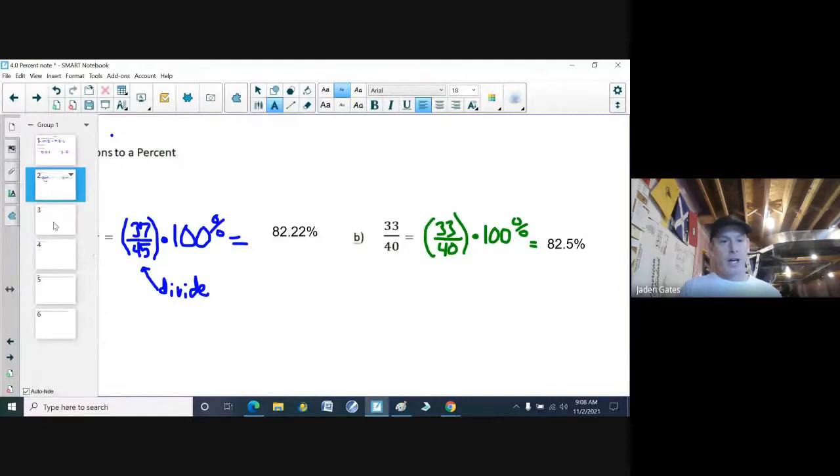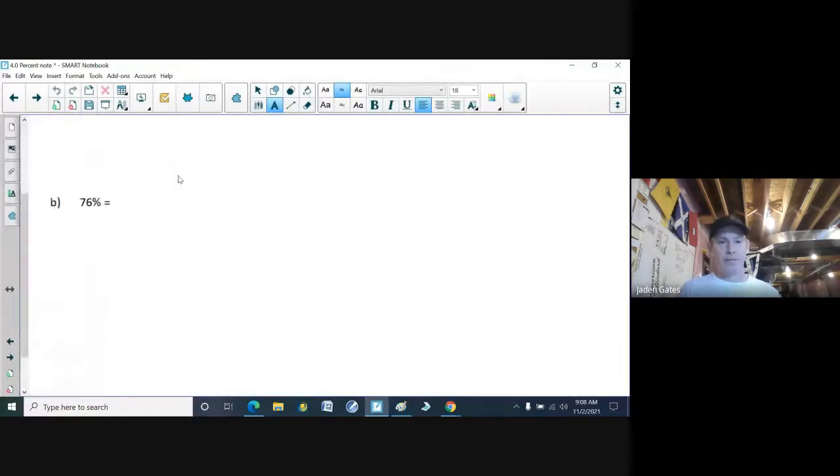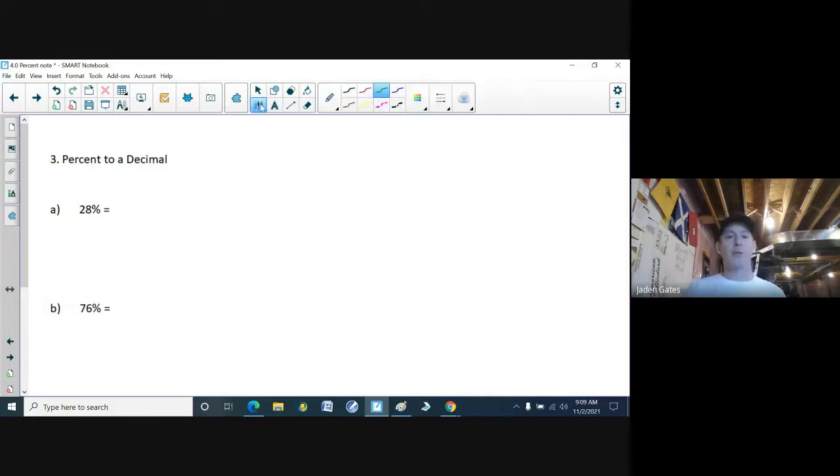All right, what else do we have here? Percent to a decimal. This one's a very important one because percent is useless to use in a calculation. And so we always have to convert it to a decimal when we're doing math calculations. Again, I'm going to use the definition, that 28% is defined as 28 out of 100.